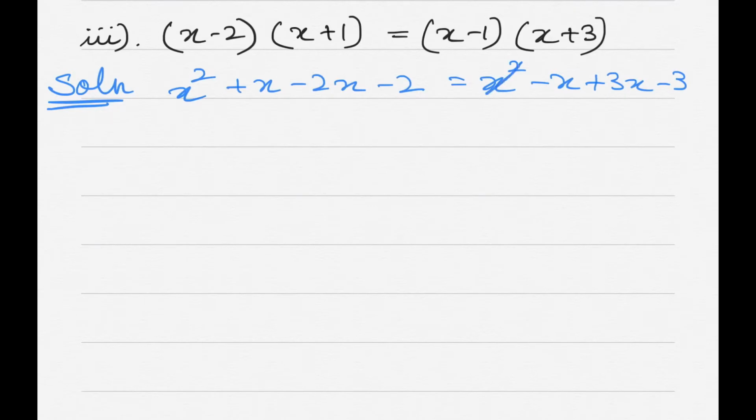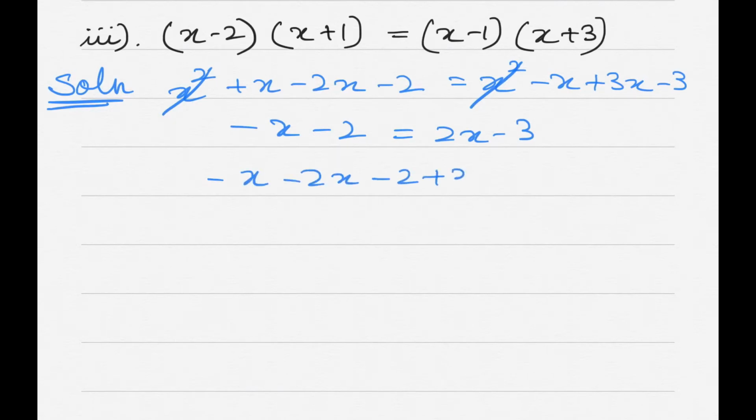Now x square and x square get cancelled, and this would be minus x minus 2, and on this side I have 2x minus 3. Now bringing the terms on the left hand side: minus x minus 2x minus 2 plus 3 is equal to 0. Minus 3x plus 1 is equal to 0, or taking the minus sign to the other side, 3x minus 1 is equal to 0.